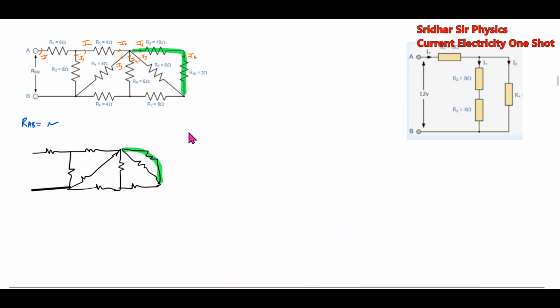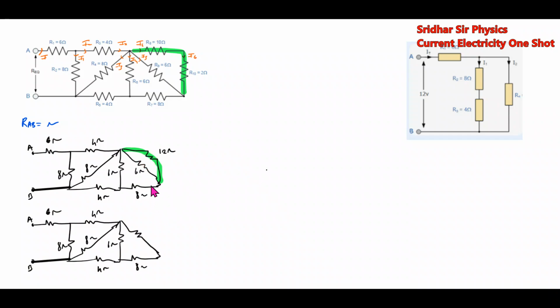So what is the resistance of that? This will be 12 ohm. Now these two are parallel, so we replace them again. The effective of these two, 6 ohm and 12 ohm, which are parallel, will become 4 ohm.